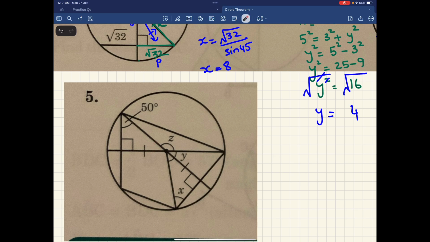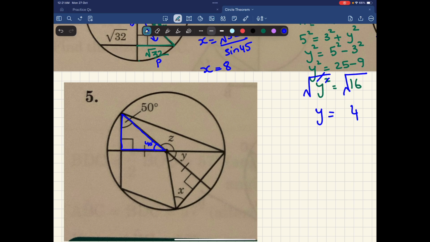Yes, so look at this triangle that I am highlighting in red. So if this is 90, this is 50. So this angle will be 180 minus 90 minus 50. So this angle is going to be 40 degrees, right? Why? Because having a look at this triangle, we can use the sum of interior angles of a triangle.